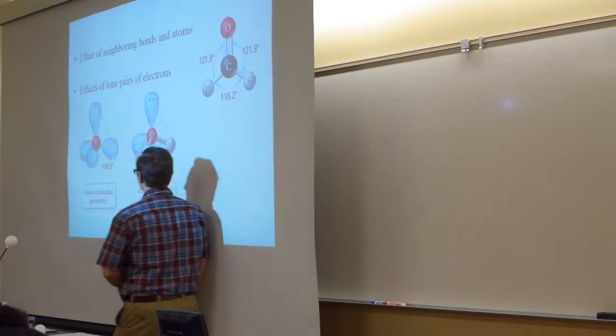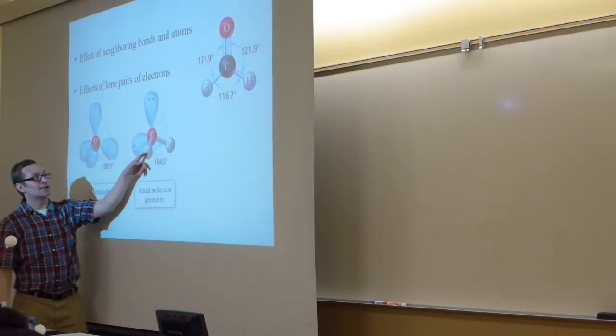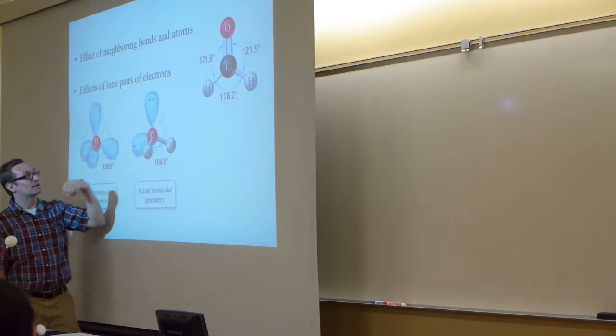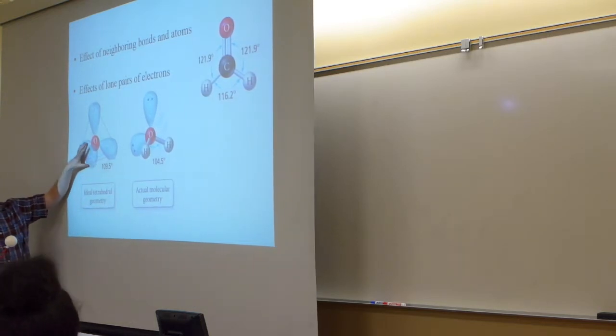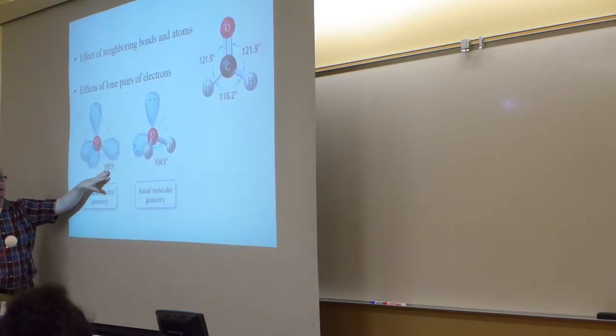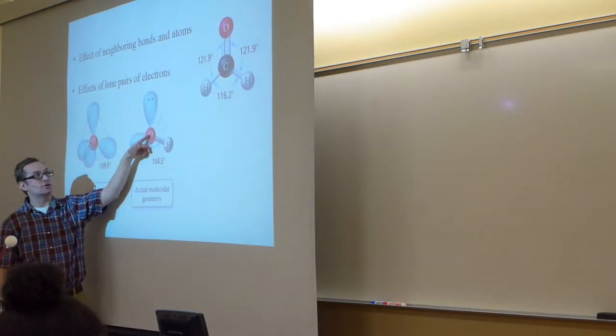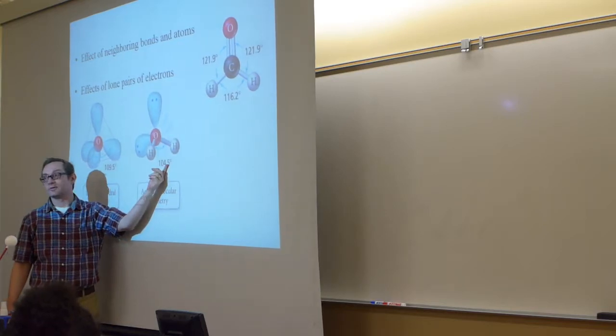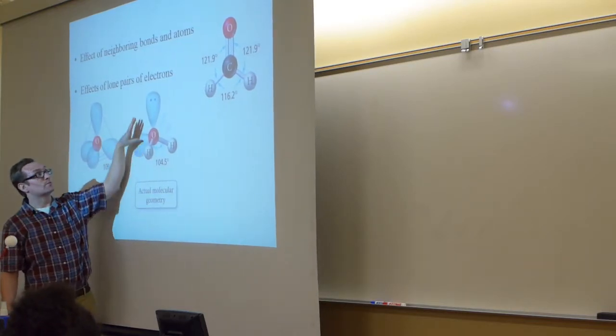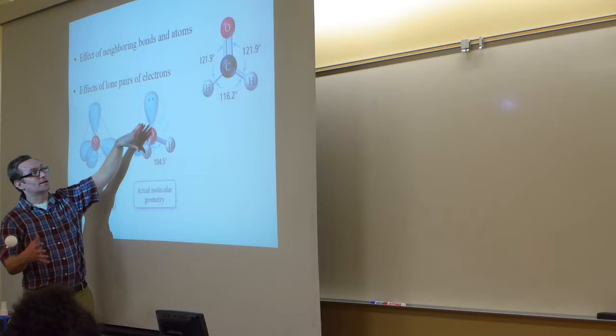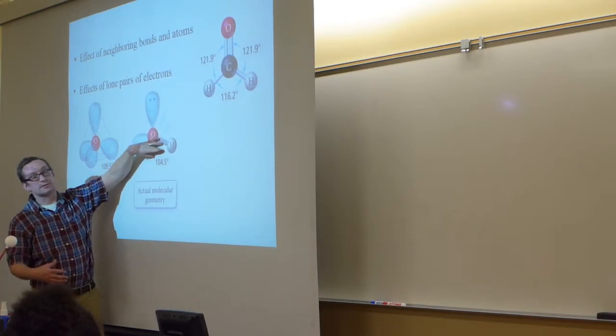So water normally is H2O. These normally should be, for a perfect tetrahedron, 109.5 degrees. But it turns out that the HOH bond angle is less than 109.5 because the lone pairs on the water end up squeezing these two hydrogen atoms closer together.